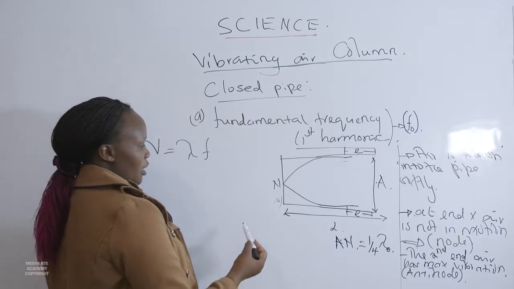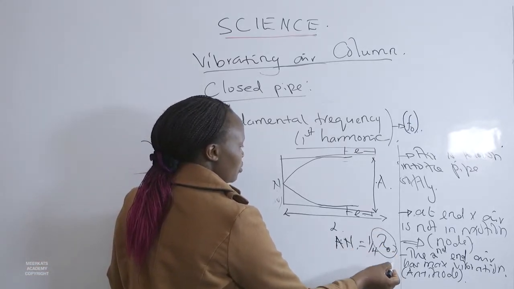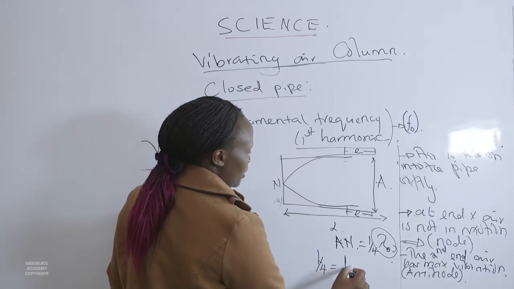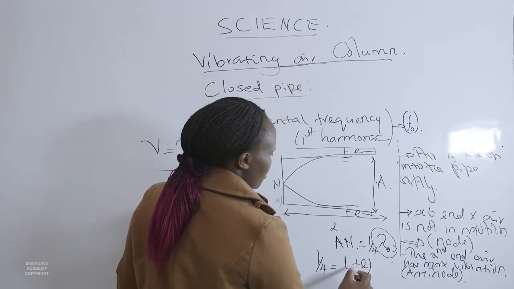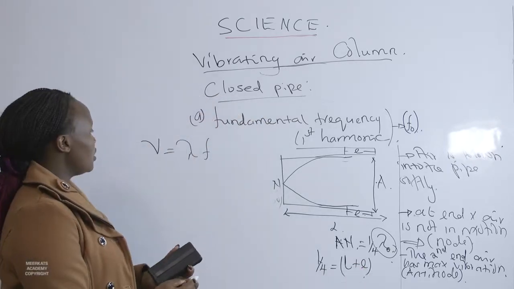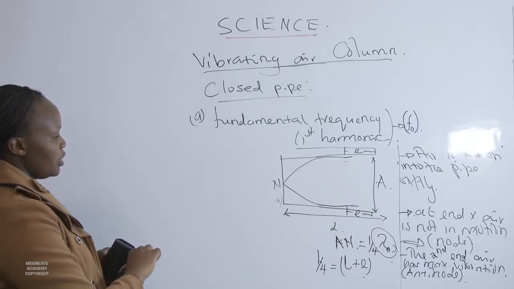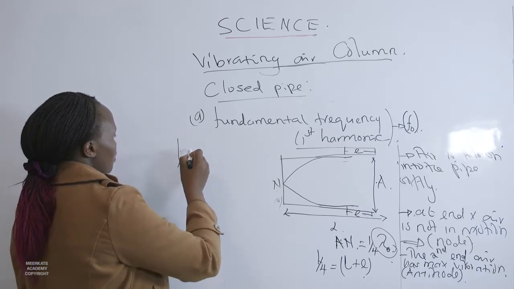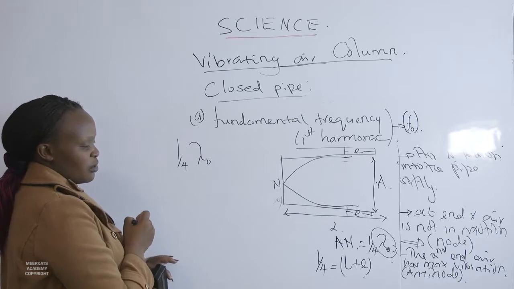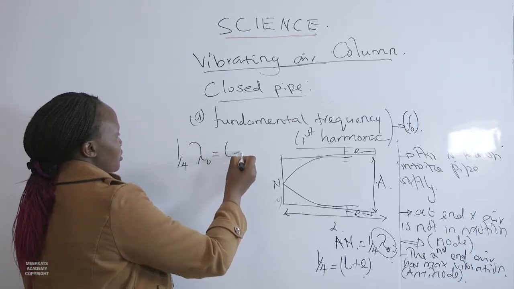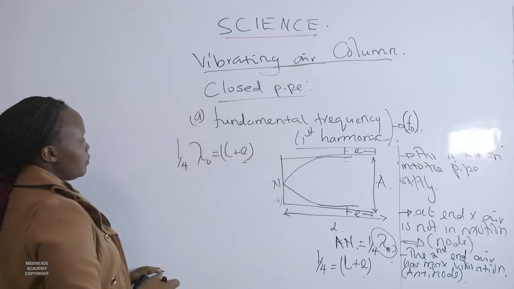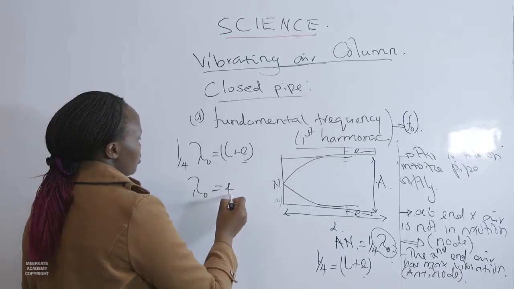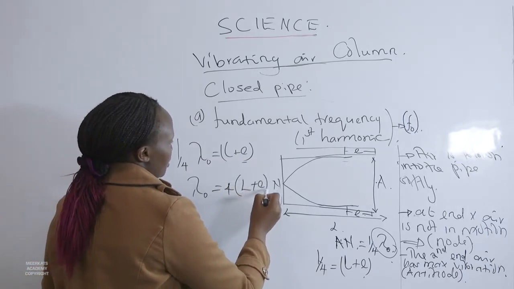So in our case here, a quarter of the wavelength is going to be L plus E, where E is the end correction. So clearly, 1/4 of the fundamental wavelength is equal to L plus E, which means the fundamental wavelength is 4 times (L plus E).